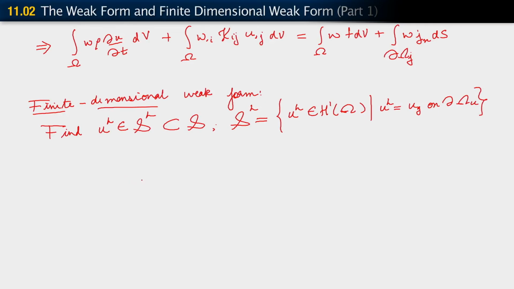Now let's assume all the data. So we know everything about the data. Find u^h belonging to S^h such that for all w^h belonging to V^h, a subset of V, where again V^h is also drawn from the space of H1 functions.